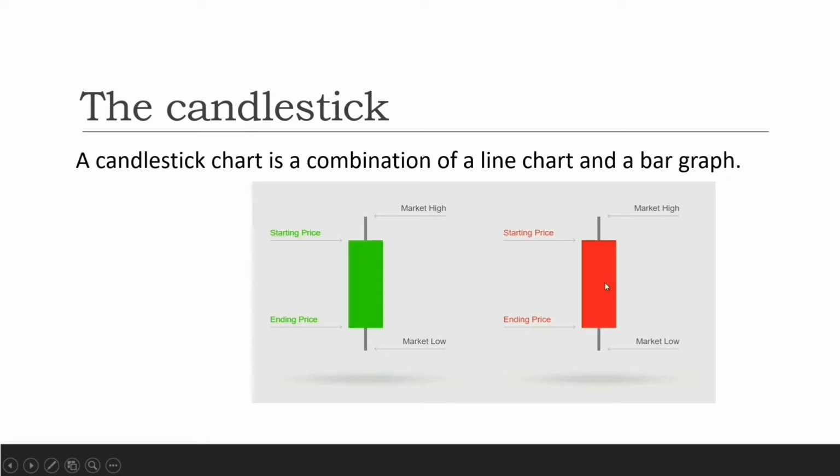Some brokers use different colors, but you can see the red mostly forms when the price is in a downtrend, and we see the green when the price is pushing up. So as a trader, you can change the chart type depending on the preferred view, but most traders prefer the candlestick because it always gives us 4 key pieces of information, which is the market high, the starting price, the ending price, and the low, which is very, very important.